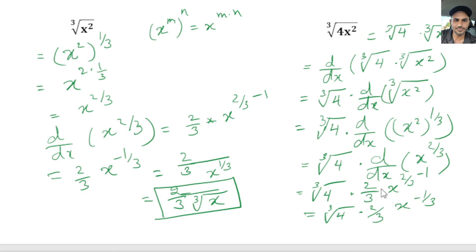Let me just add a new slide so we can go ahead and simplify it further. I don't have enough space here. So we have this cube root of 4 times 2/3 times x to the negative 1/3.